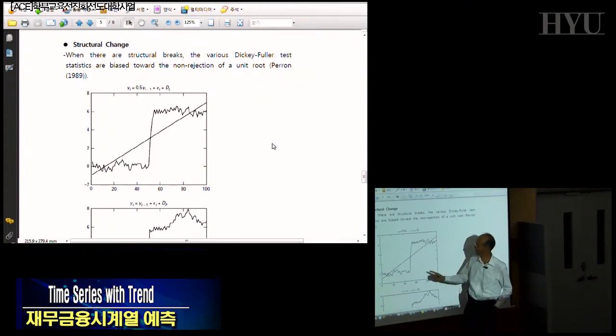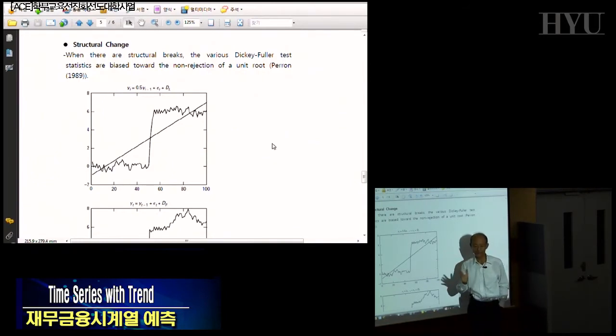Then, if you are given this series without knowing this possibility, a level shift, and you apply the ADF test to this sequence, then what is likely to happen is you are likely to find at least one unit root present in this series.